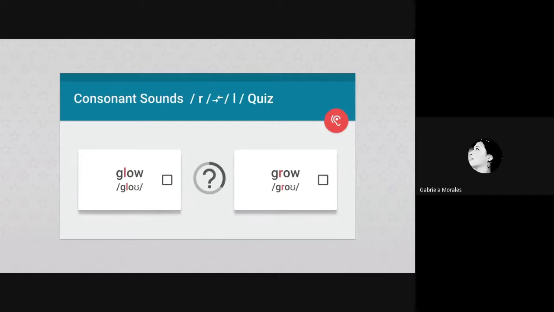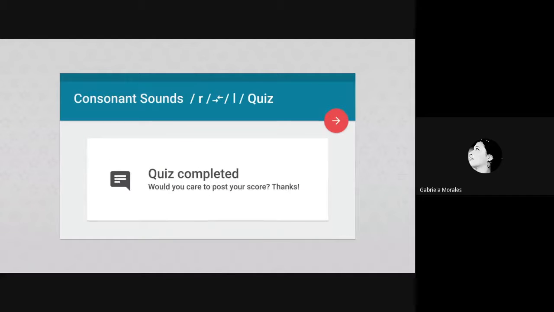Grow. Free. Lice. How did you do? Don't get discouraged if you didn't get all the words right. You'll improve after doing some pronunciation exercises in just a minute.